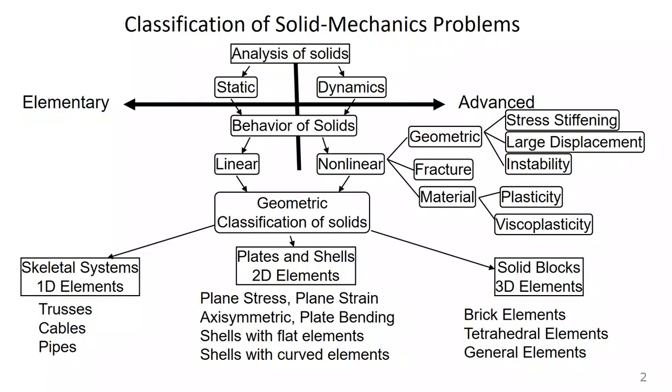Next one, materials. So how the geometry and different parameters lead to failure, the materials are also influencing. The first condition is that the material comes under plasticity limits or viscoplasticity.